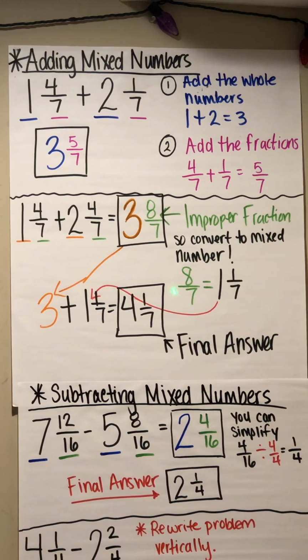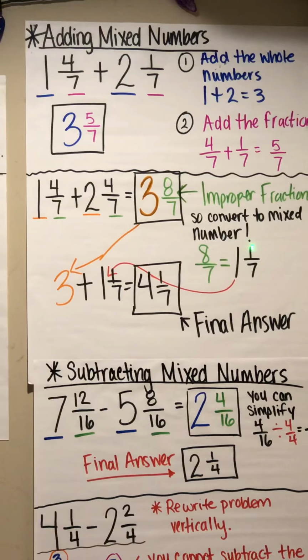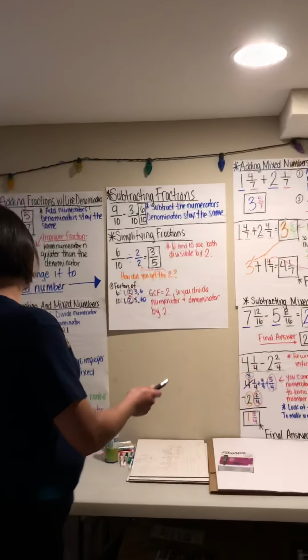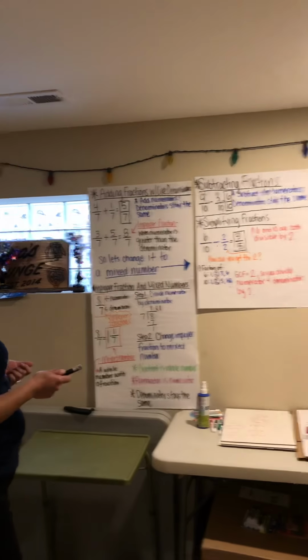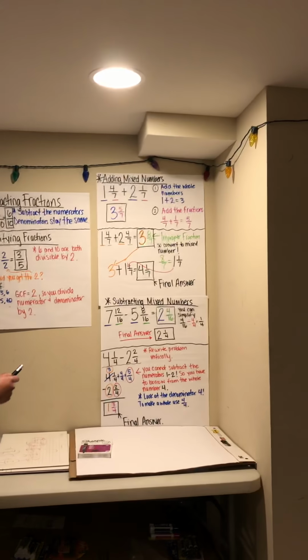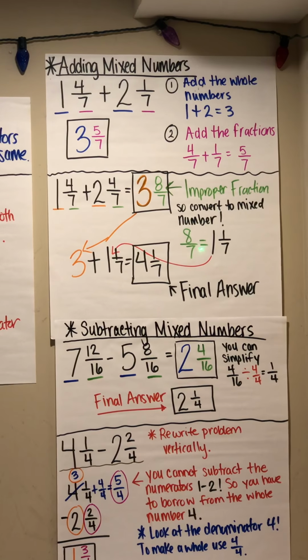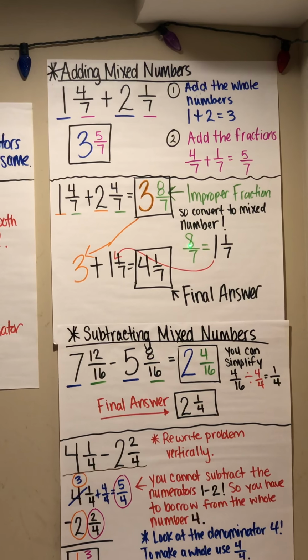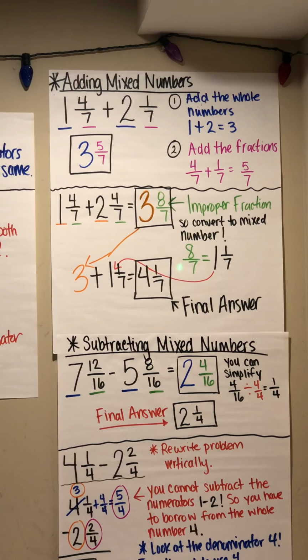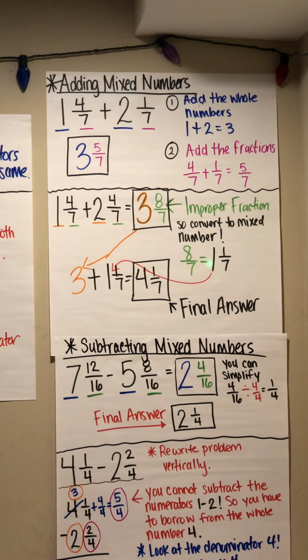Now, this is an example of how we did the improper fraction over here, but I'm going to go over the steps again. So you bring down the 3, which is the whole number, plus 8/7. When you convert it into a mixed number, it is 1 and 1/7.